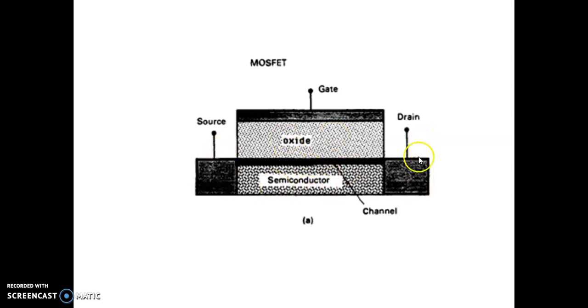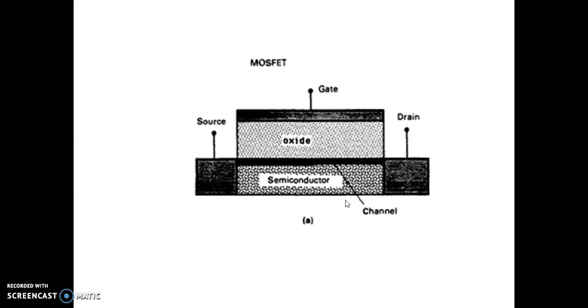This is the source and drain, two ohmic contacts. This is the gate terminal. The gate terminal or gate plate is separated from the channel by an insulator layer or silicon dioxide layer. The very low density of interface states at the silicon dioxide interface makes the silicon MOSFET the most important device in modern electronics.